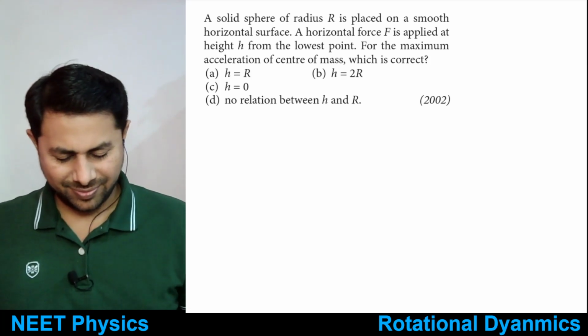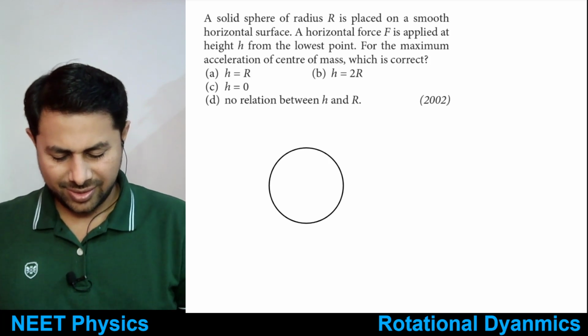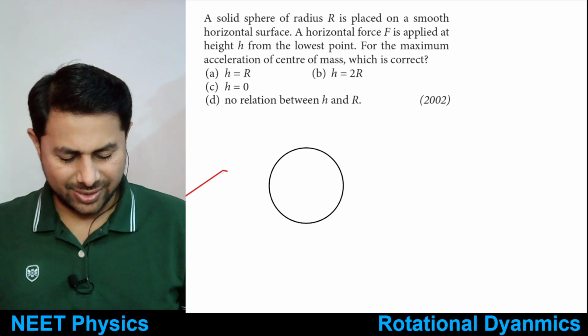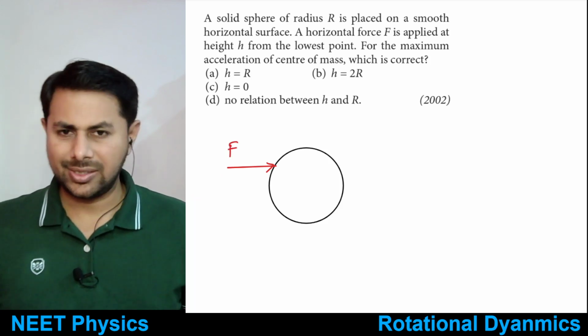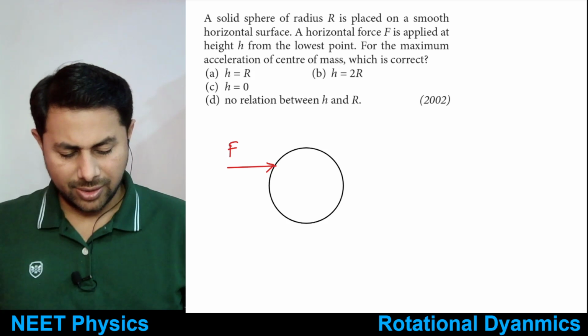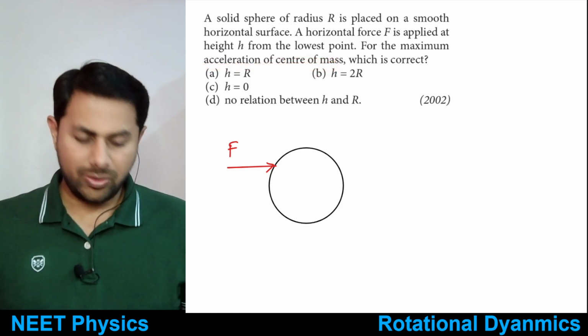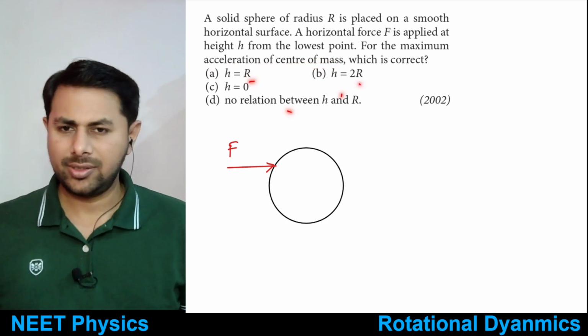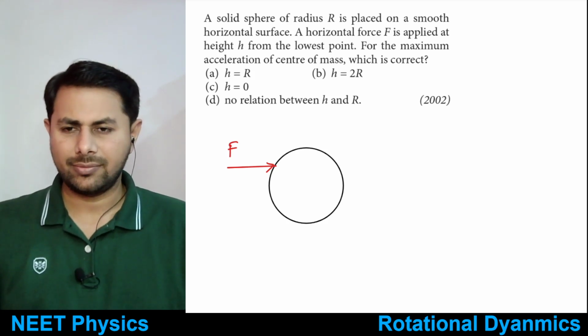So you exert a horizontal force like this. The force is F, and the question is, for the maximum acceleration of center of mass, which of these is correct? This is the question. Tell me.